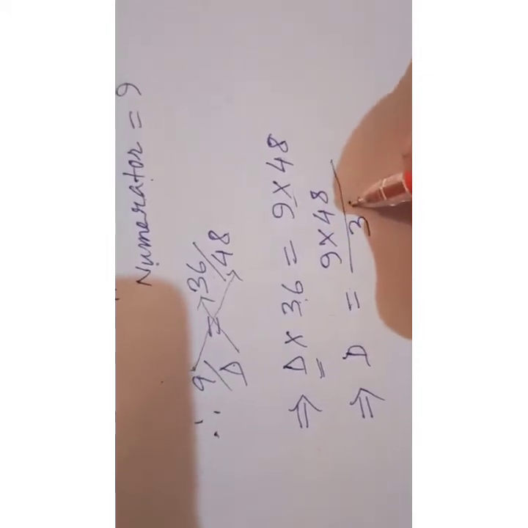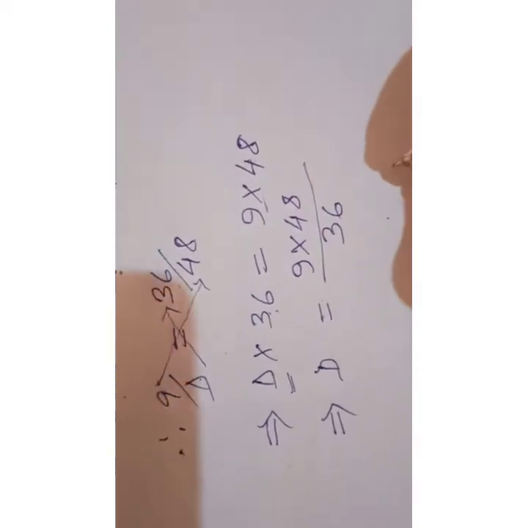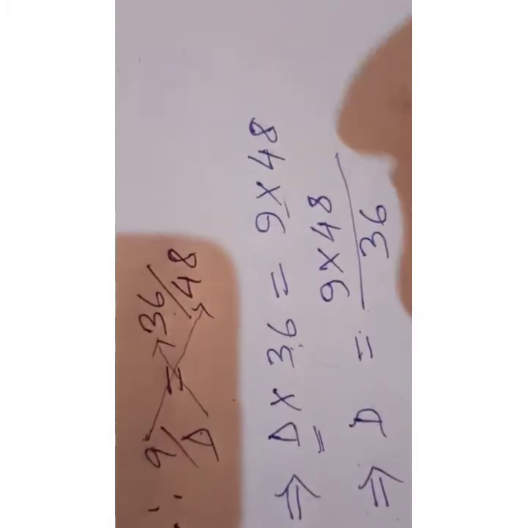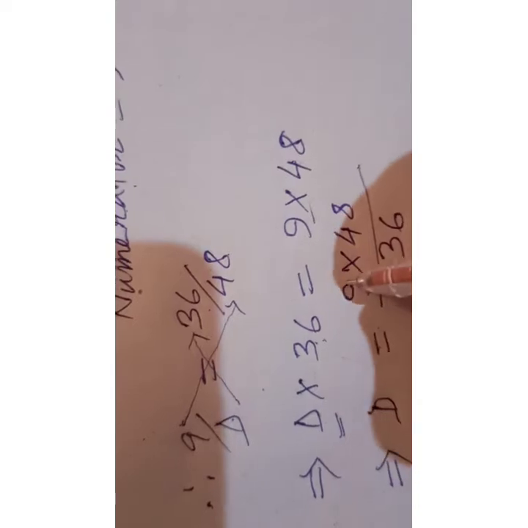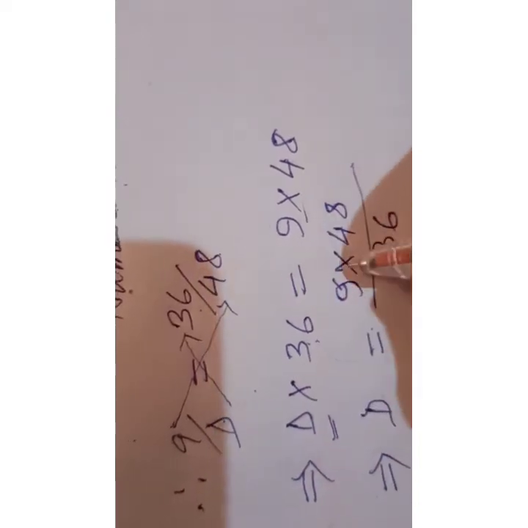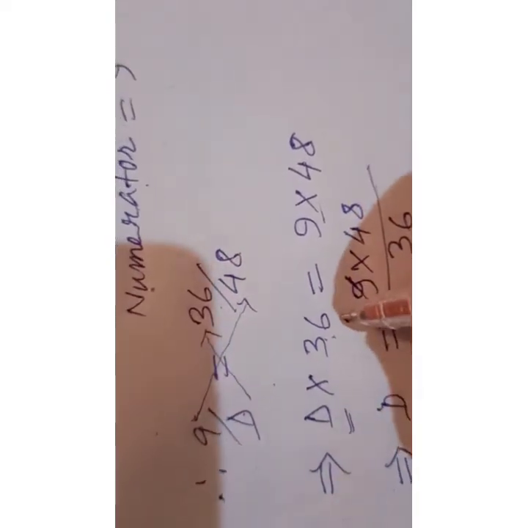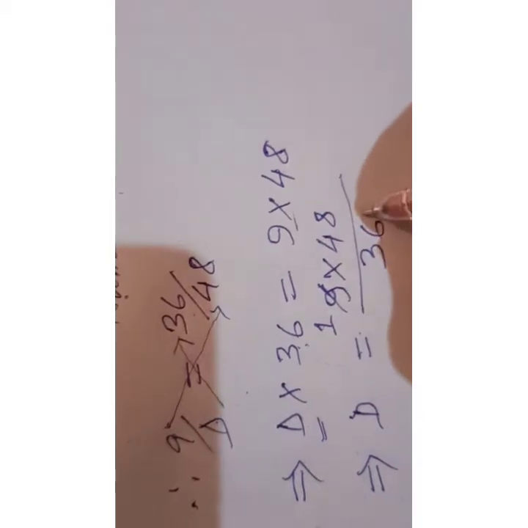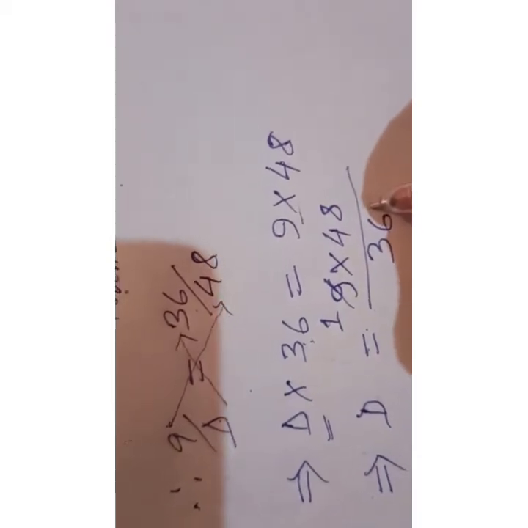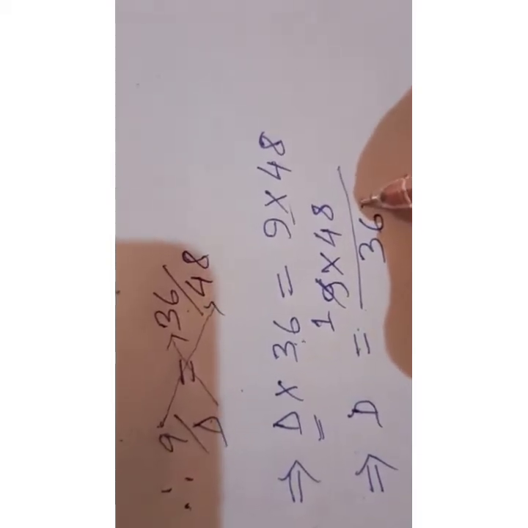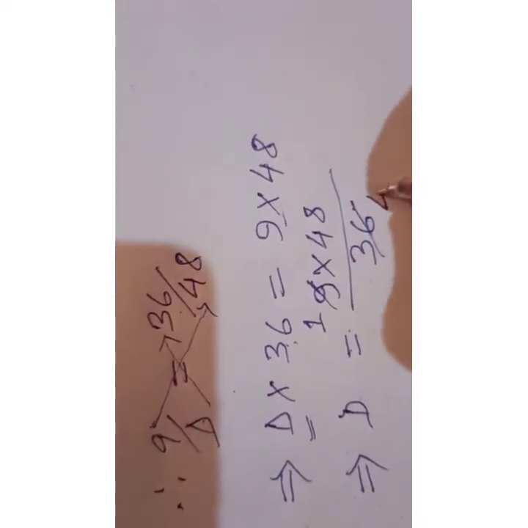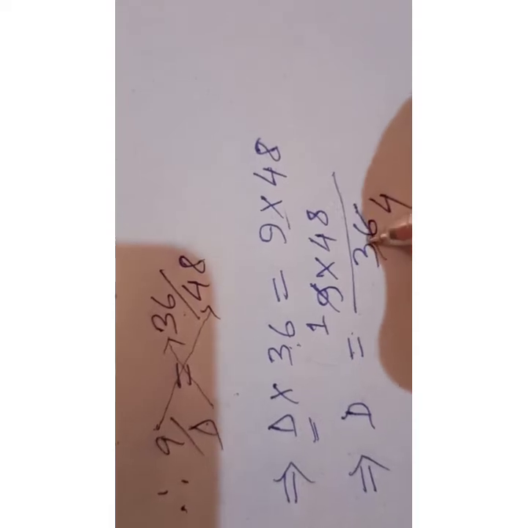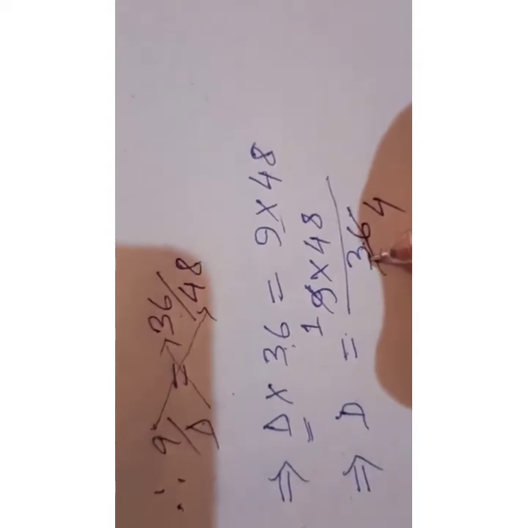Now what will we do to get this? We have to divide. We check whether 36 is divisible by 9 or not. Yes, 9 ones are 9. Then how many times will it go? Yes, 4 nines are 36.